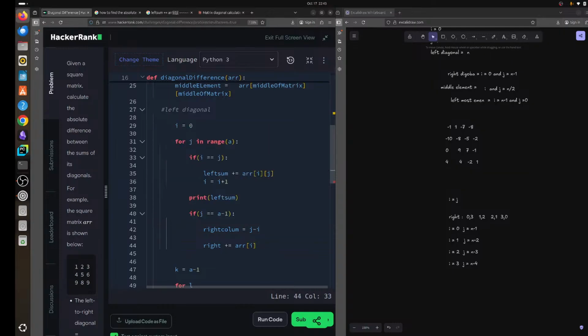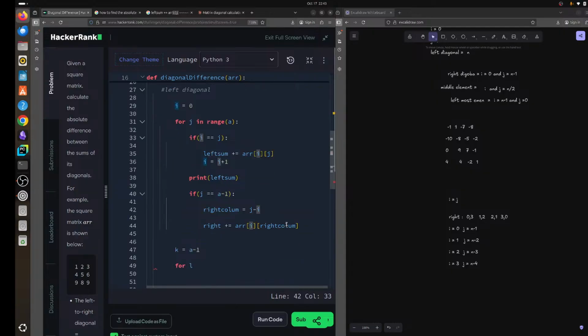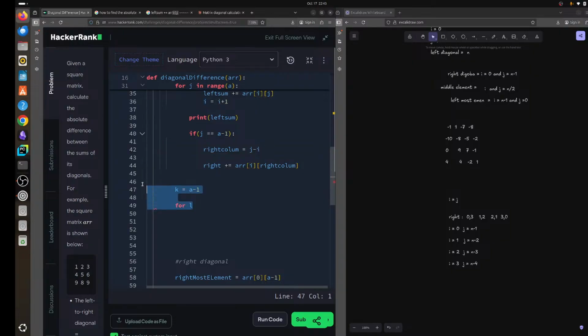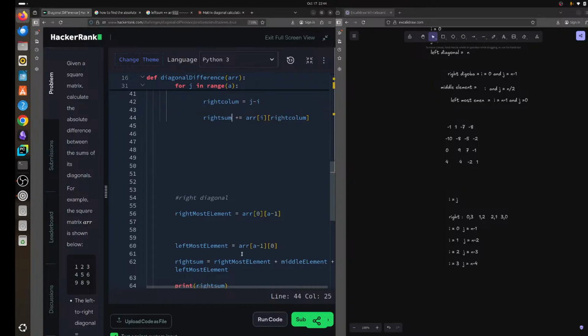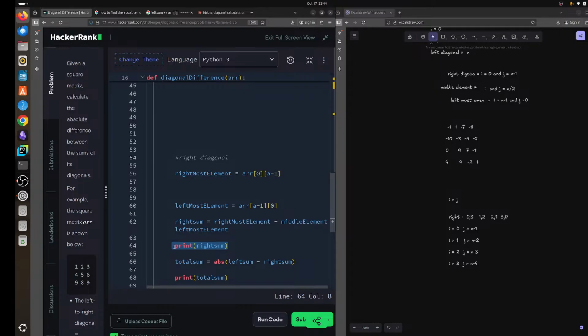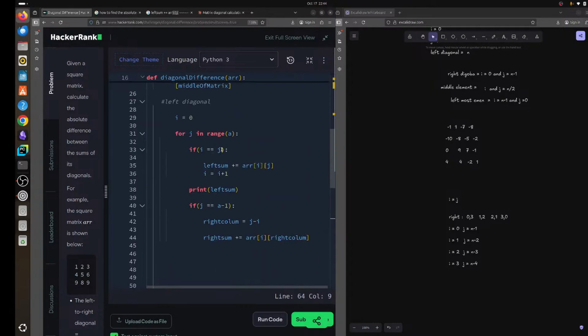And j minus I, right column. So it can be possible. Control C, Control V, Control C. Let's consider this.